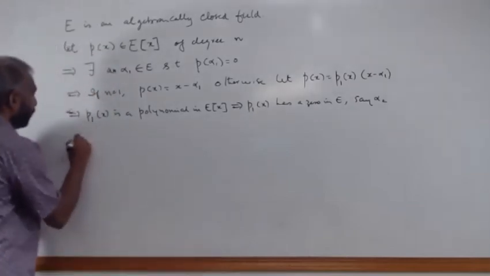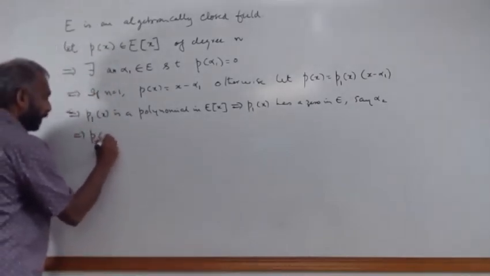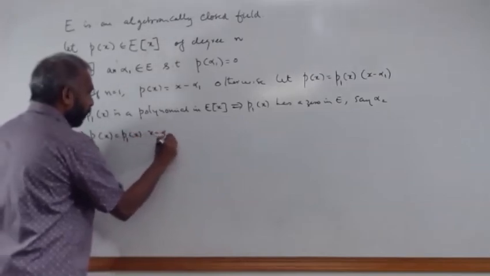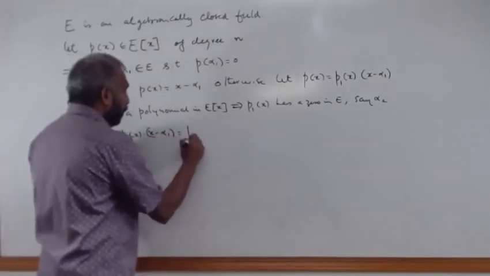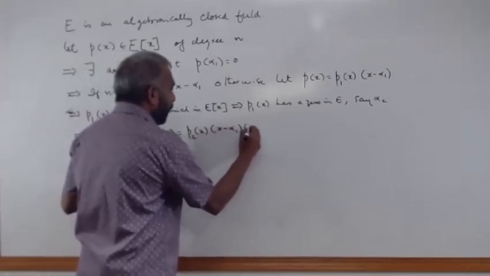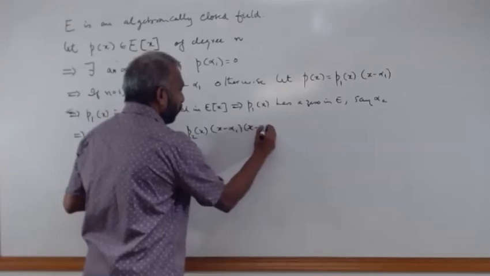So you can write p of x equal to p1 of x times x minus alpha 1, that is equal to p2 of x times x minus alpha 1 times x minus alpha 2.